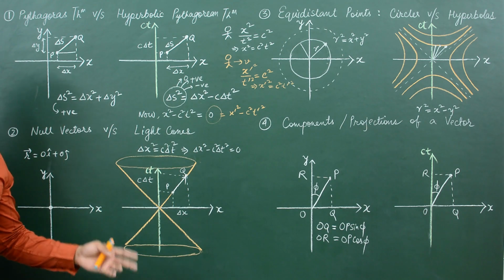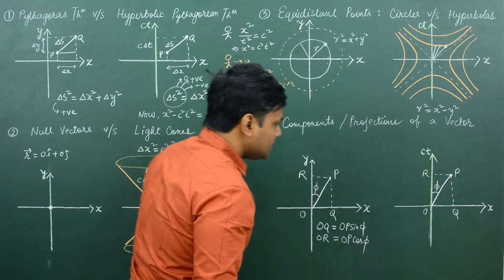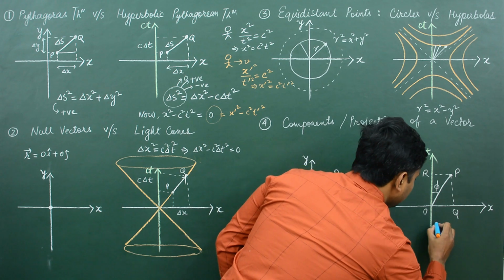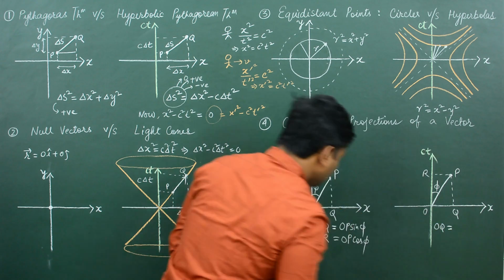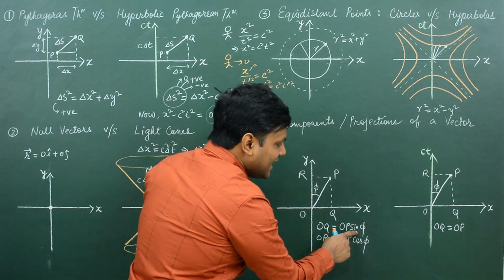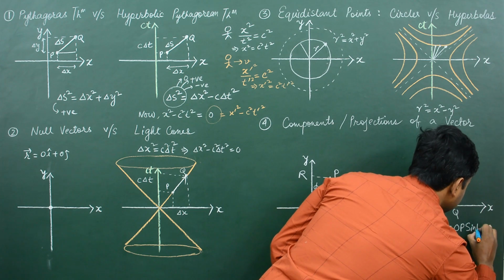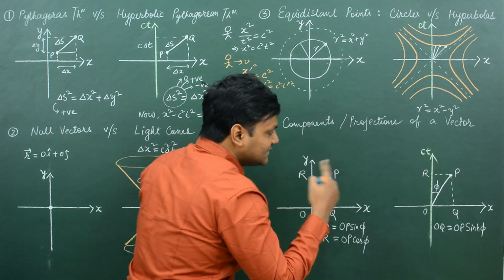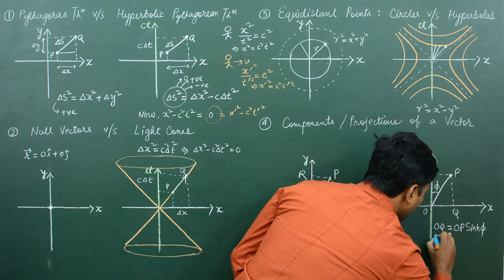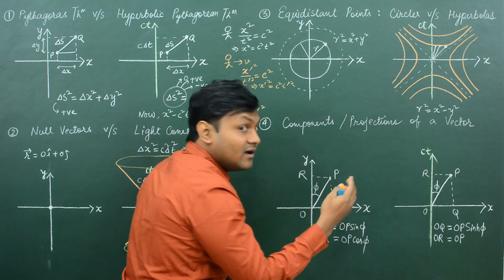Very simple. However, if I do the same thing here, if I project OP onto the x-axis, then we will get OQ, but OQ is simply equal to OP sine hyperbolic phi. So instead of sine phi, I'll have sine hyperbolic phi, and similarly if I project OP onto the time axis, we will get OR, and this will give me OP cos hyperbolic phi.